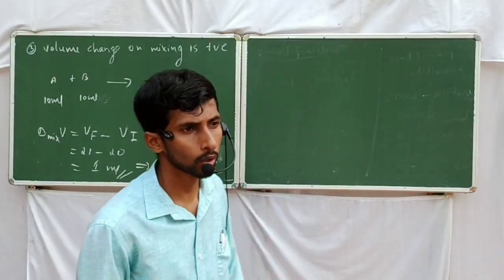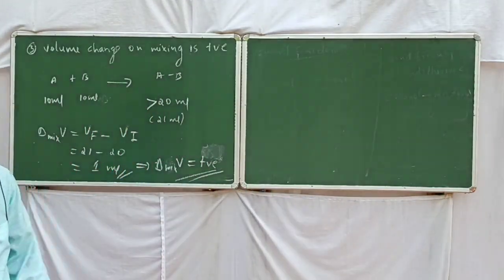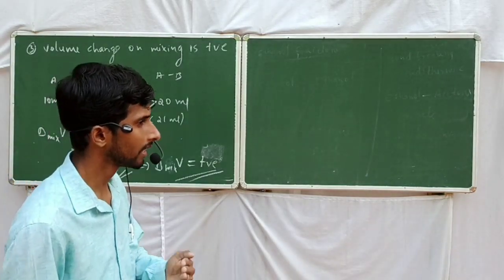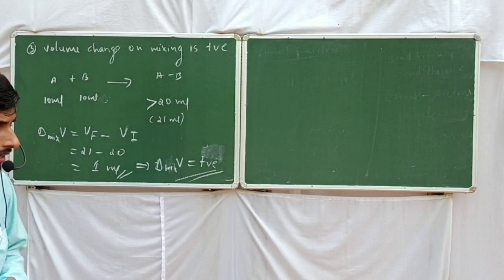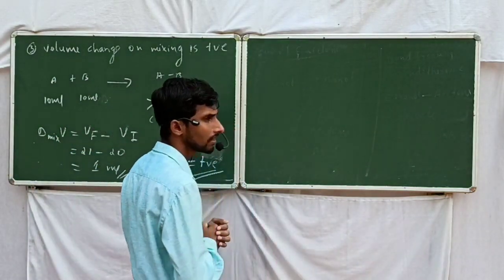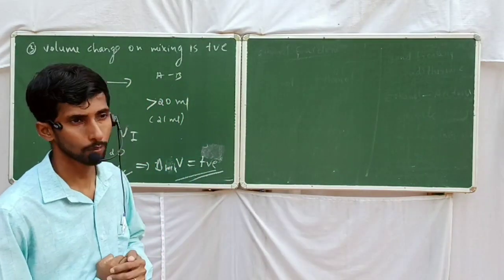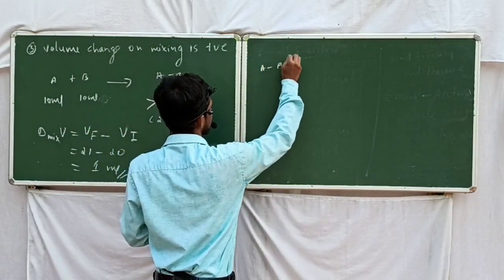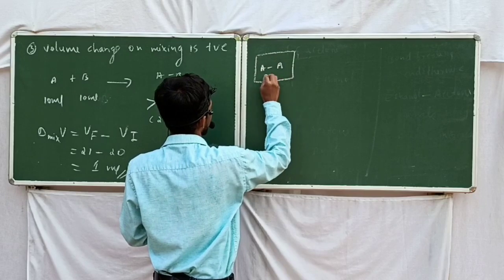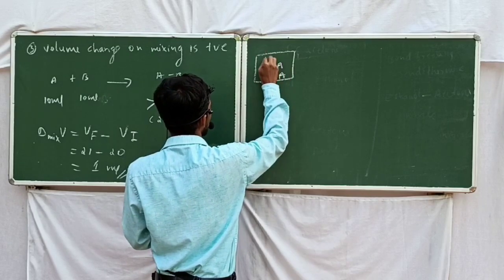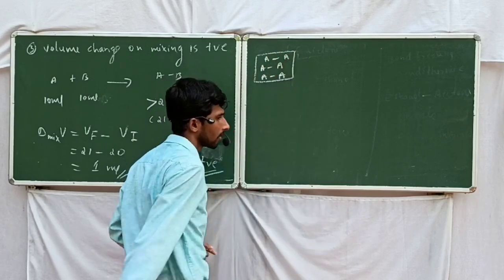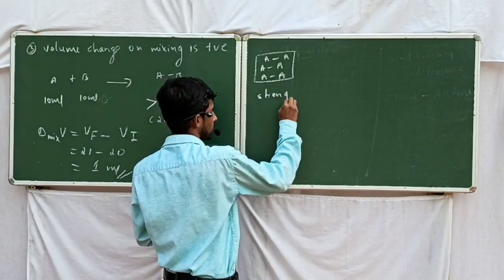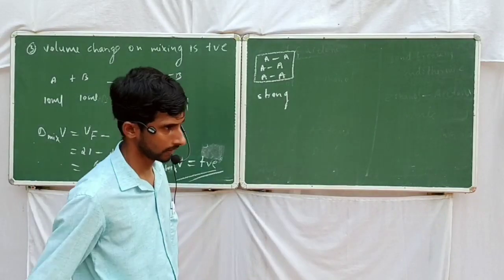That is the meaning of the volume change on mixing being positive. In case of non-ideal solution showing positive deviation, if you mix two components, the final volume is higher than the initial volume. So we'll discuss the reason for this. As you know, in case of non-ideal solution showing positive deviation, before mixing, the pure components have very strong intermolecular force of attraction.